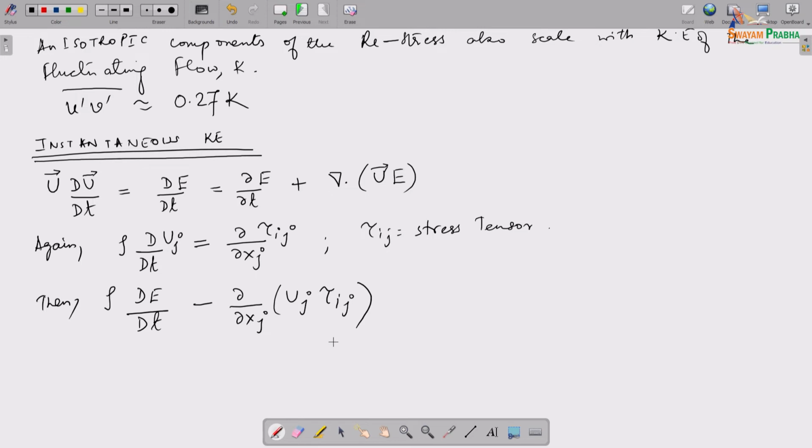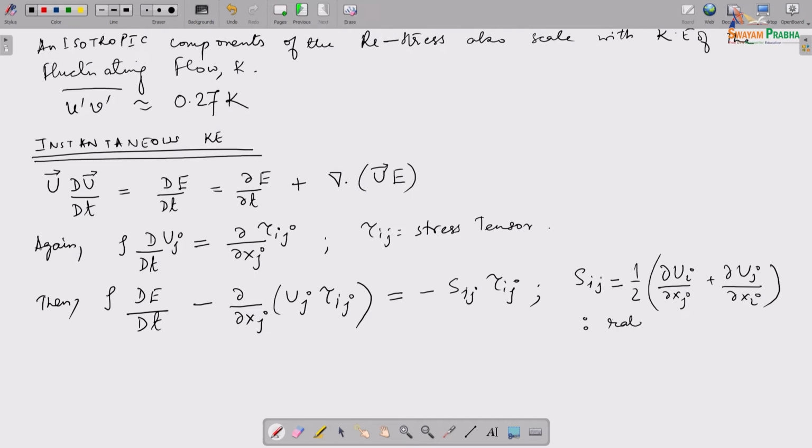Okay, therefore dE/dt is equal to d/dt minus del of this, right, is equal to, right, where Sij is equal to, right, and this is nothing but the rate of strain tensor.